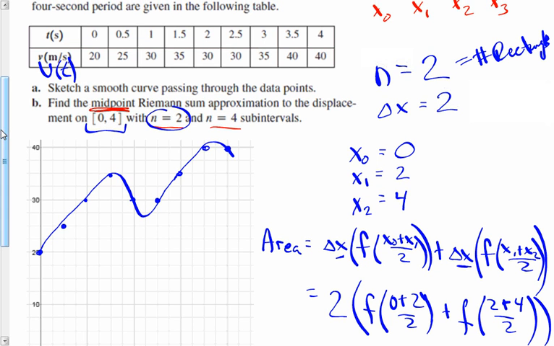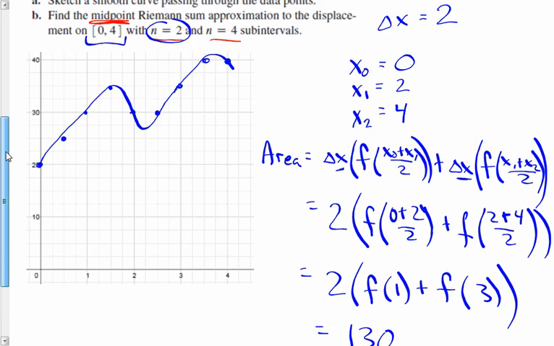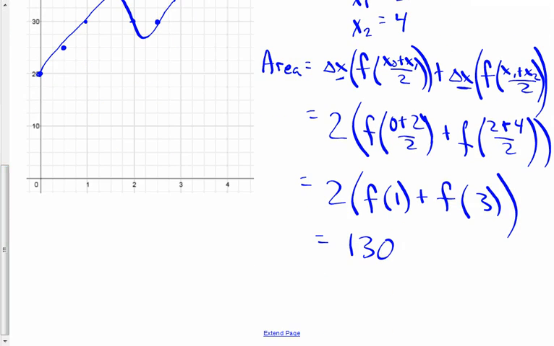There's v of 1, I'm using f in place of v, and v of 3. So 30 plus 35 is 65, right? Twice that is 130. And since the problem is given to us in context, meters per second, we're looking for distance traveled, so our units will be meters. Okay? Good so far?